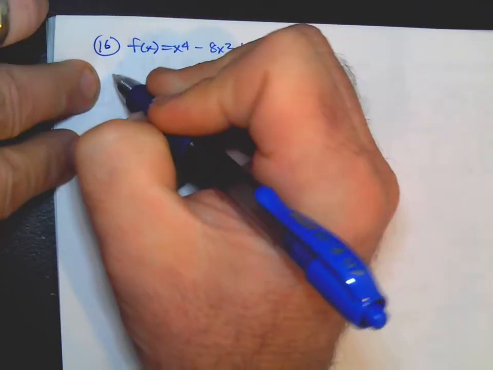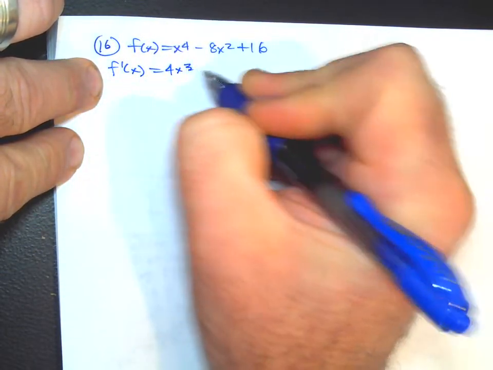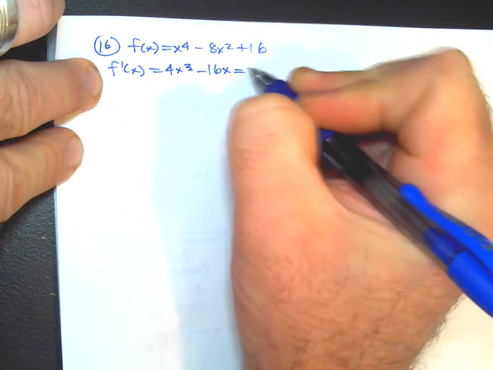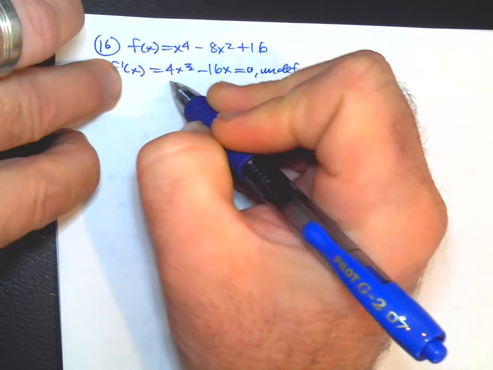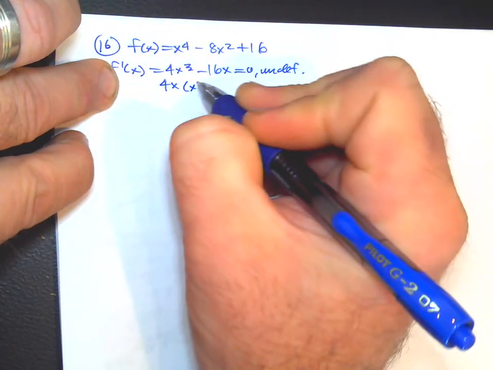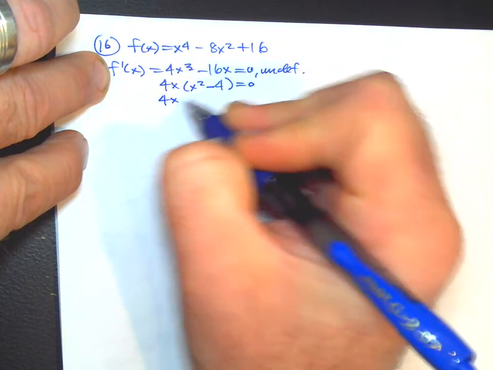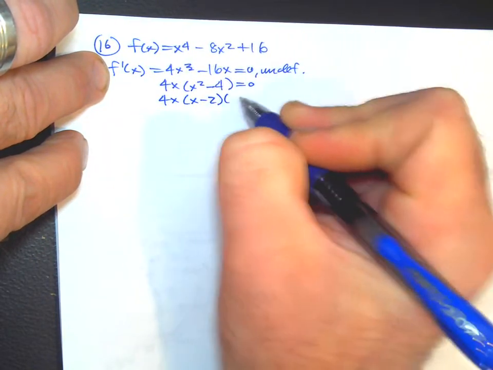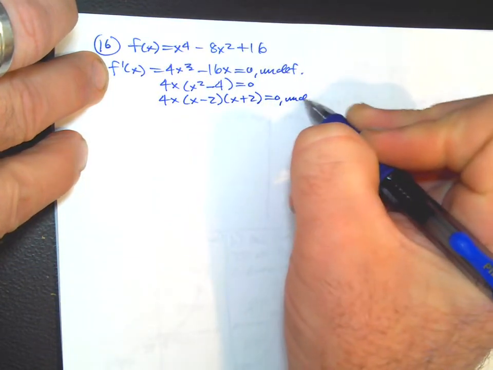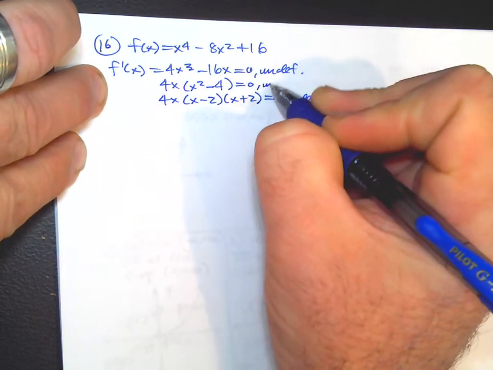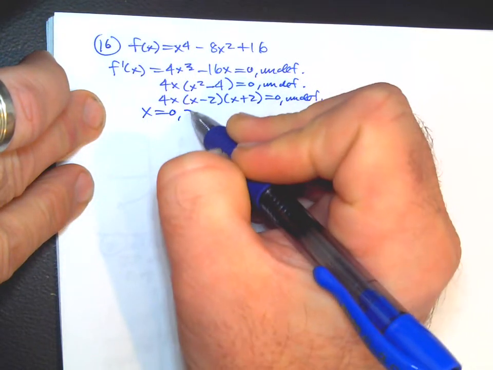So we need to take the derivative, 4x cubed minus 16x, set it equal to 0 or undefined. Factor it, 4x times x squared minus 4. Factor it again, difference of squares, x plus 2, x minus 2. So critical points are going to be 0, 2, and negative 2.